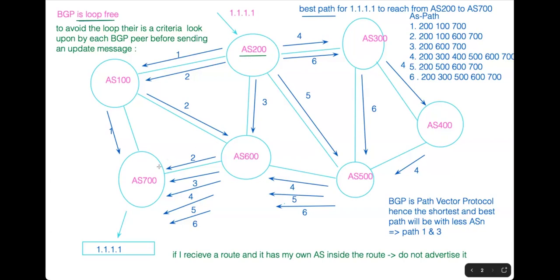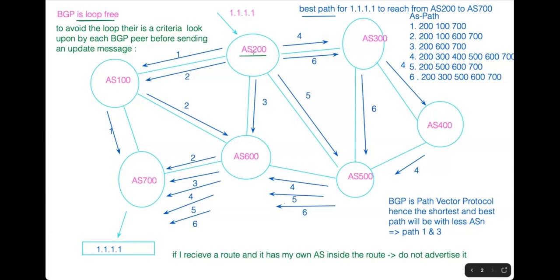AS600 has advertised it. Yes or no? Yes. Similar way, AS200 to AS300, the route is being received. Has AS300 advertised it? Yes. So what is the criteria?